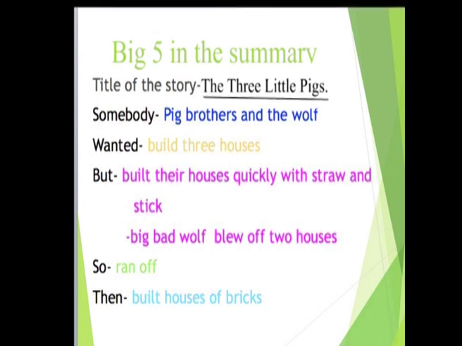So what did the characters do then? They ran off to the third brother's house. And finally, all the three pigs decided to build houses of brick, as the third brother did. So these are the Big Fives that are used in the summary.